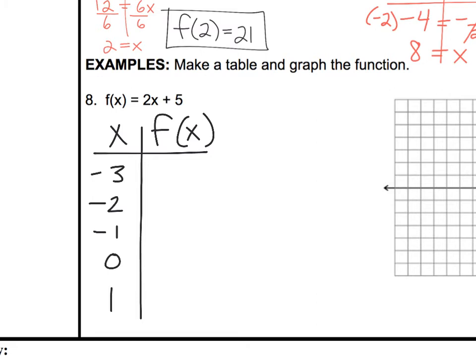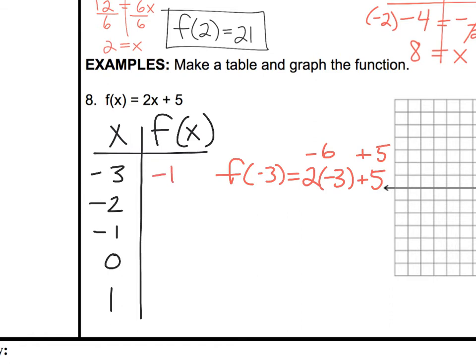And what you're going to do is the same thing we just did. We're going to input the x value, so f of negative 3 would be equal to 2 times negative 3 plus 5, which is negative 6 plus 5, which is negative 1.